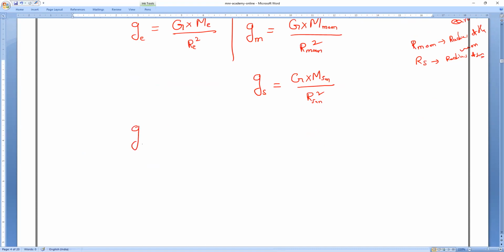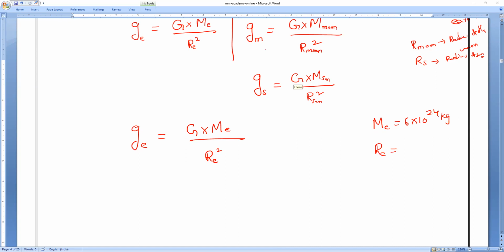So we'll calculate the g value of Earth, which is equal to capital G into mass of the Earth divided by radius of the Earth square. Can you tell me the mass of the Earth, everybody? 6 into 10 to the power of 24 kg. And what is the radius of the Earth?